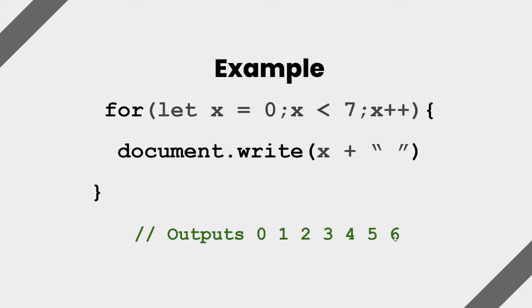But looking at the condition, 7 is not less than 7. And because this is false, this particular code here would not run, and that would be the end of the entire program. So the entire output for this example would be 0, 1, 2, 3, 4, 5, 6.